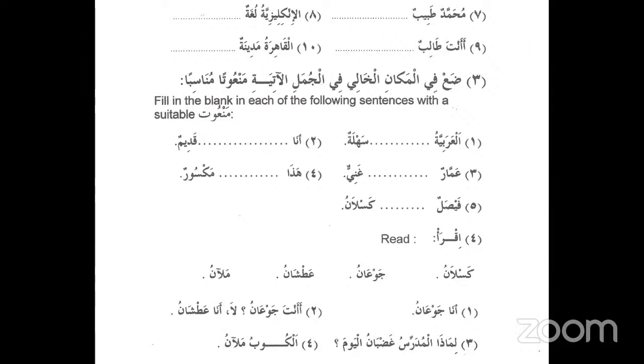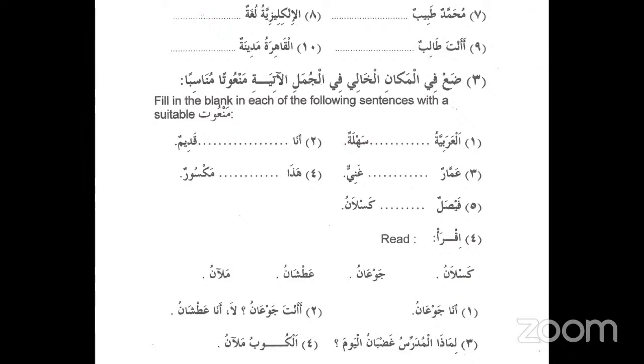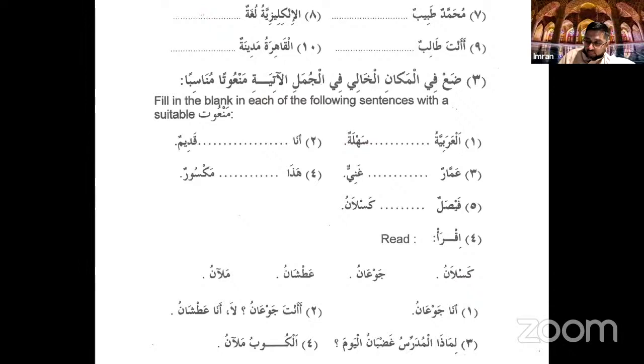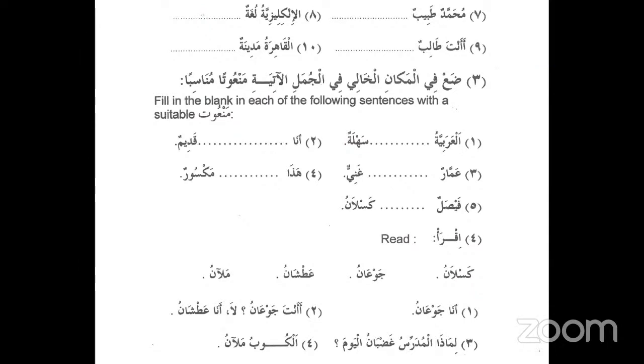Sister Azmina. Yes. Faisal is a lazy teacher. Faisal. How do you say teacher in Arabic? Teacher is مدرس. Faisal is madrasun. Madrasun. Kasalun.